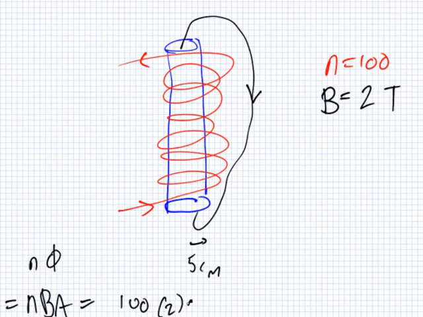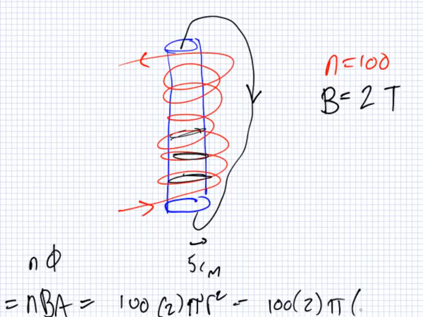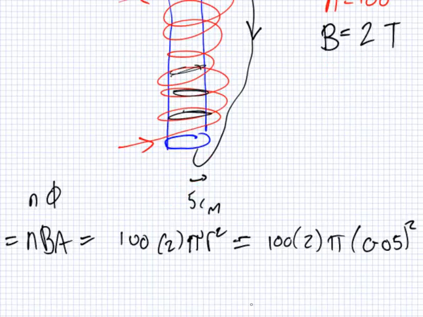Circle, pi r squared. These are all circles. So that's 100 times 2 times pi times 0.05 squared, which would be 1.57 Webers.